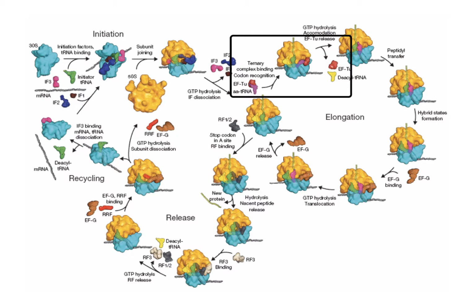At this point, the EF-Tu, the elongation factor Tu, positions the tRNA with the amino acid at the A site. It then tests whether the bonding between the anticodon of the tRNA and the codon of the mRNA is firm. If it is, it leaves it in that position and then pops back out.